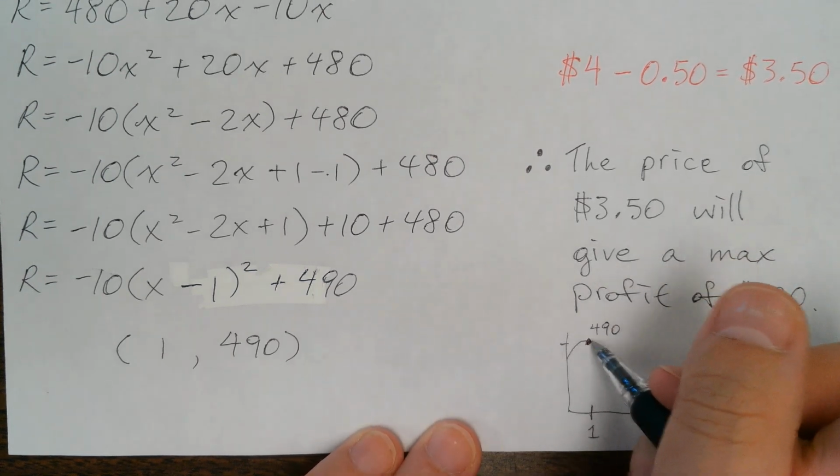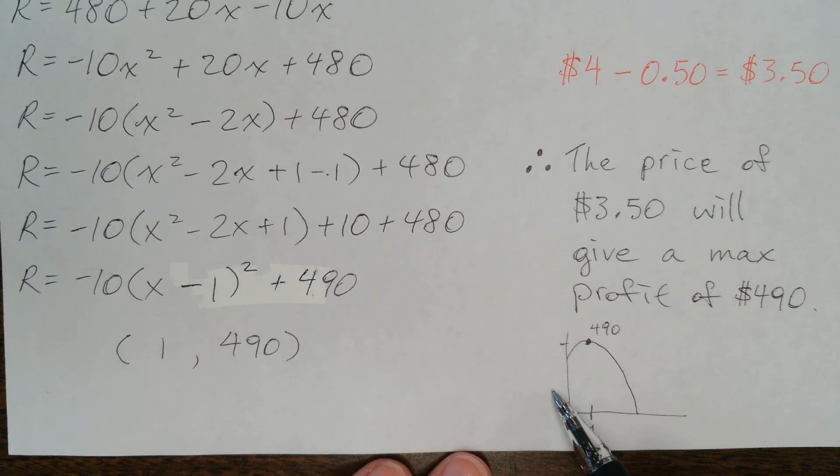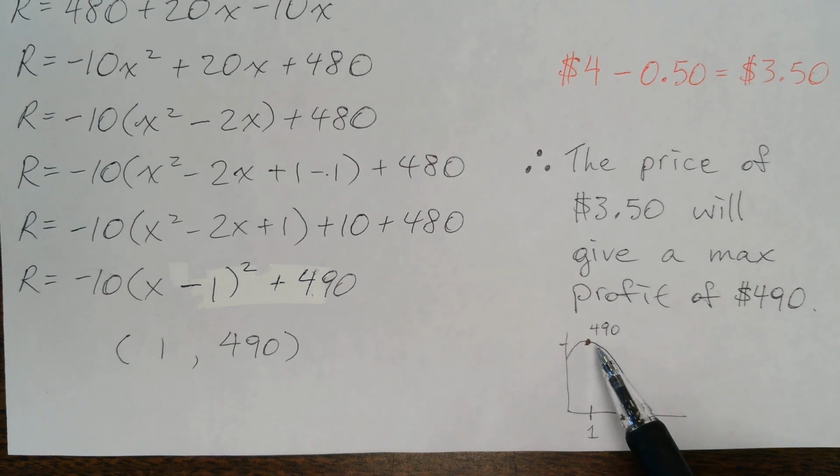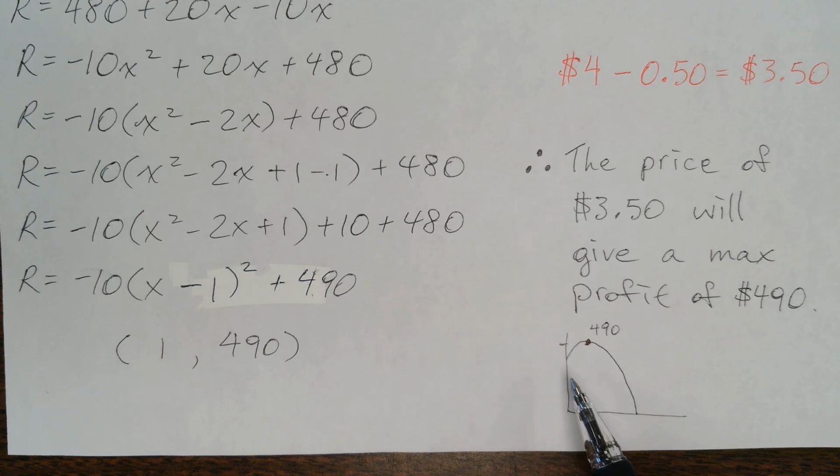If I have too much price reduction, people are not going to buy it. And if I have too much price reduction, then it's not going to cover my costs, so I don't make as much money. If I don't make price reductions and I increase my price, nobody's going to buy it, and I actually lose money as well. Okay, so that's what your graph looks like.